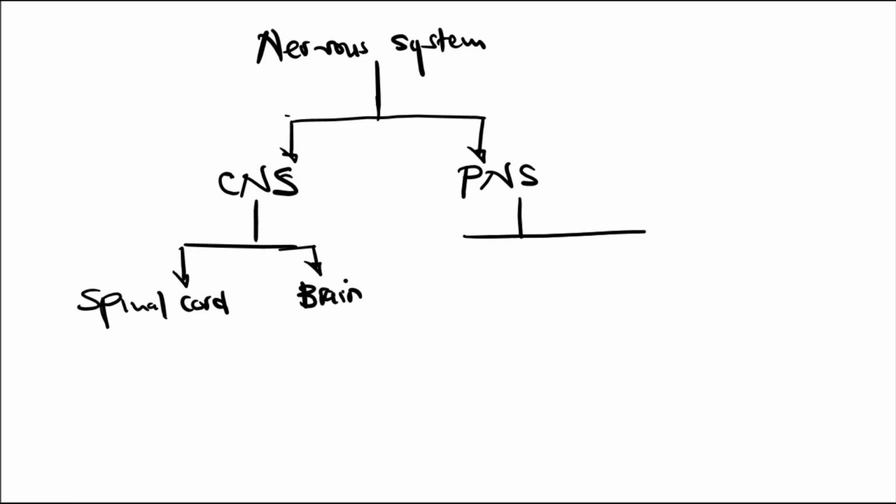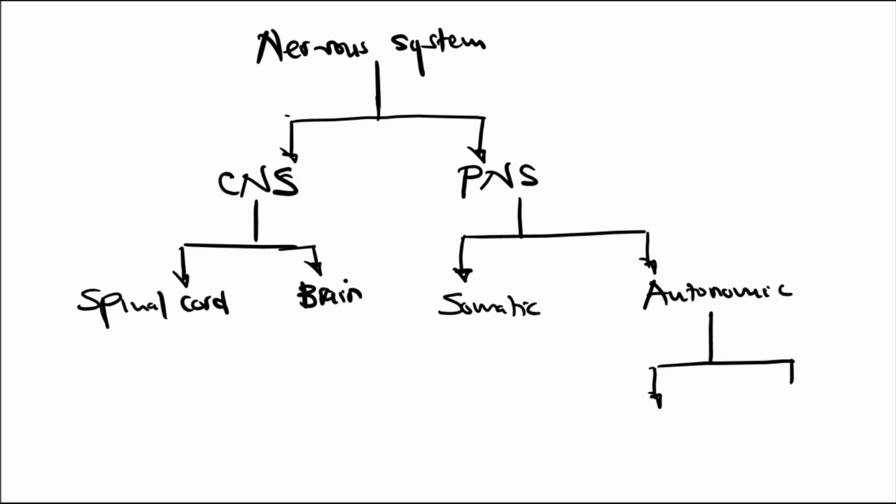The peripheral nervous system is made up of the somatic nervous system and the autonomic nervous system. The autonomic nervous system is made up of the sympathetic nervous system and the parasympathetic nervous system.